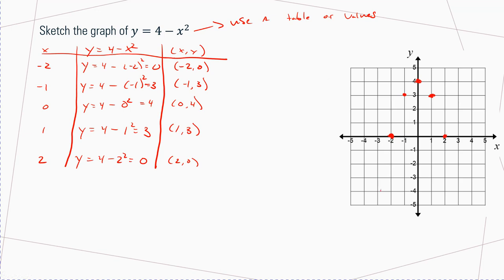So this relationship is going to look like this. All right. So we get y is equal to 4 minus x squared. And you can see that just from the table of values, right? I was able to use the table of values here to get enough points to see the pattern, and then I'm able to sketch the graph right from that.